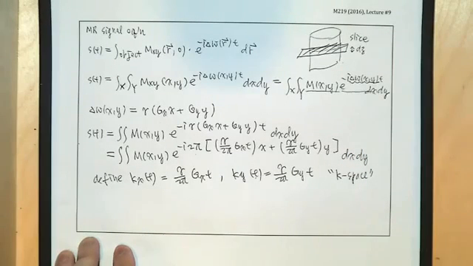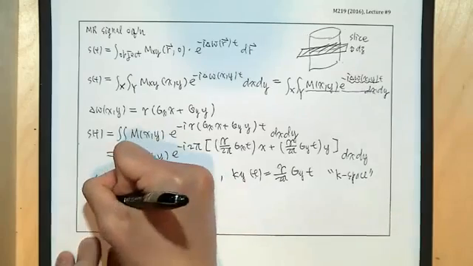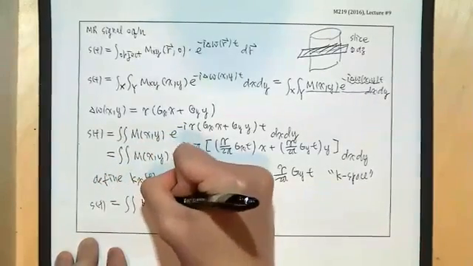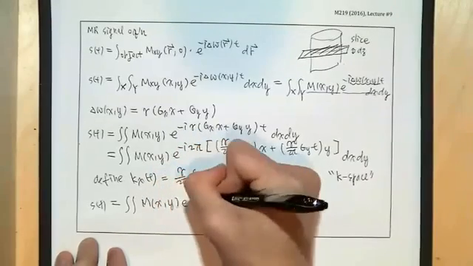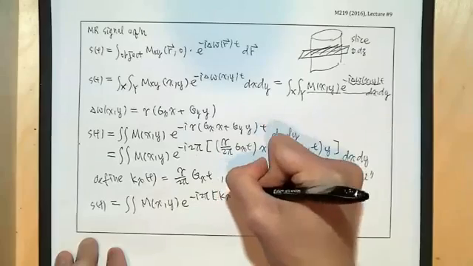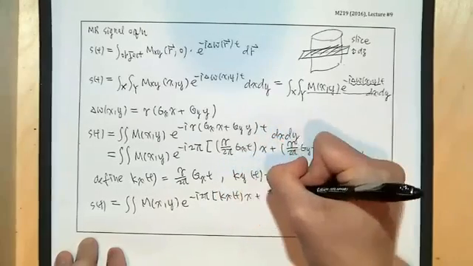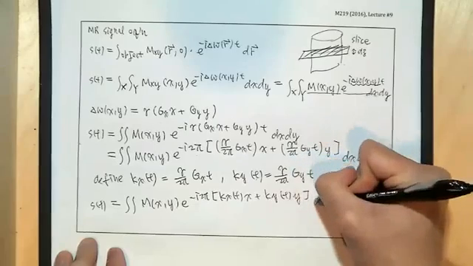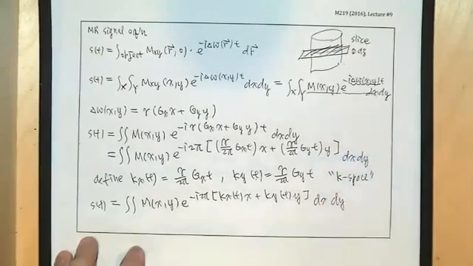With these definitions, we can actually substitute and further simplify the signal equation. Okay, I'll give you a minute, just write that down. Does anyone know what this looks like?